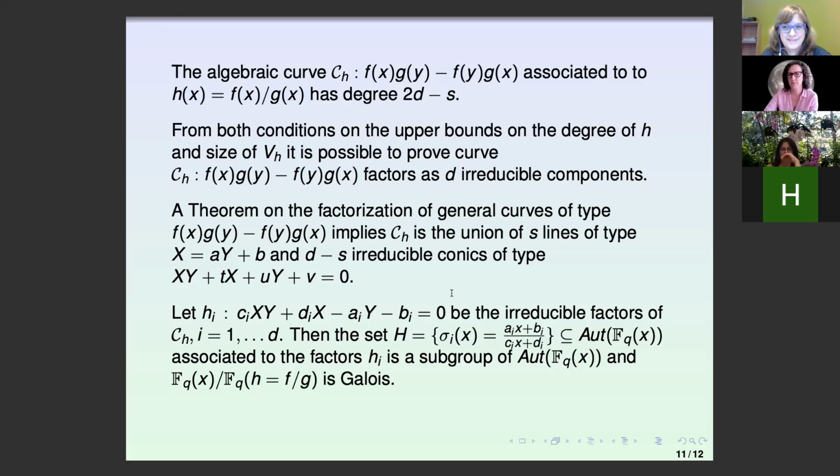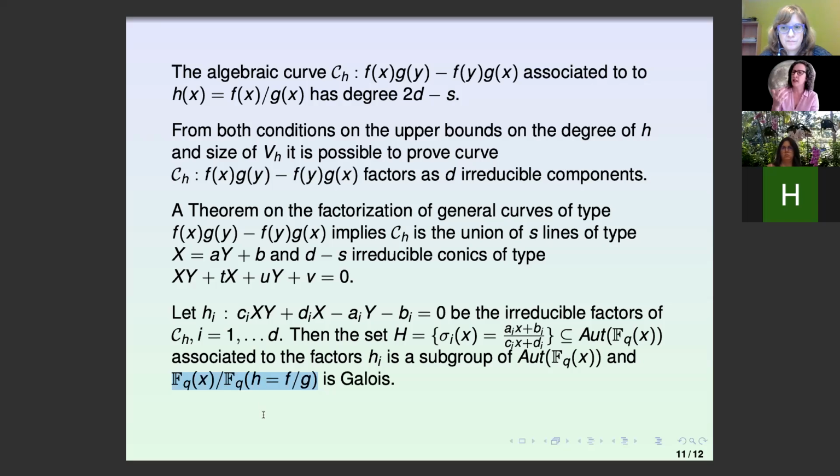So, actually, this is all I had to say. And for sure, we have open problems here. For example, we know that the extension is Galois, but a question I'd like to ask is: can we characterize the extensions of this shape, FQ(X) over FQ(H), that are Galois?